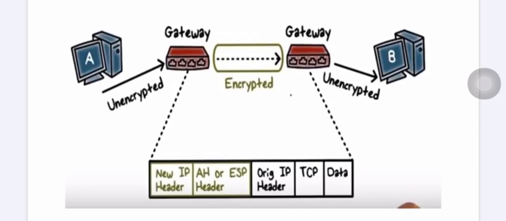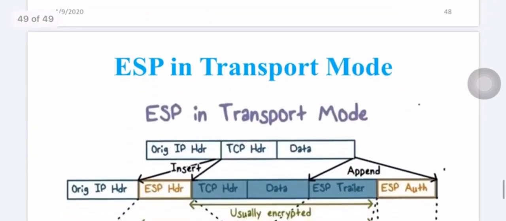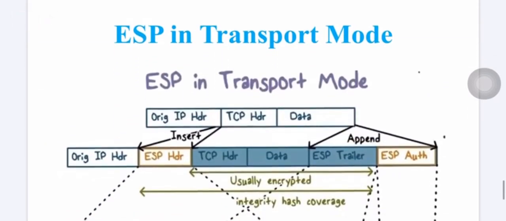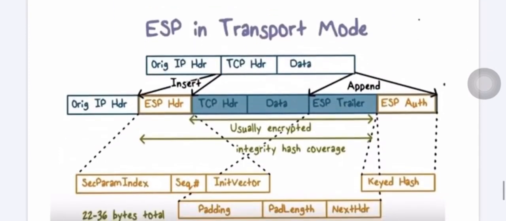The encapsulated data consists of a new IP header, AH or ESP header, original IP header, TCP header, and actual data. This is called tunnel mode. In case of ESP, or encapsulating security payload, we have some other extra data format.